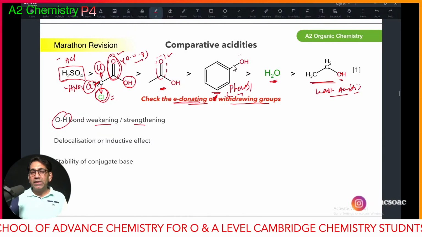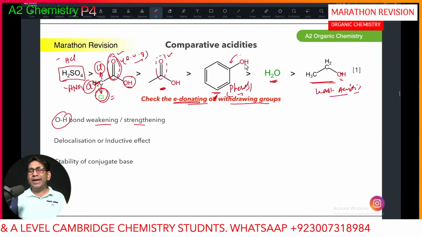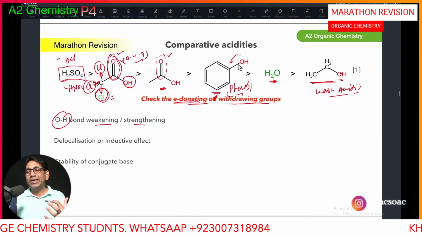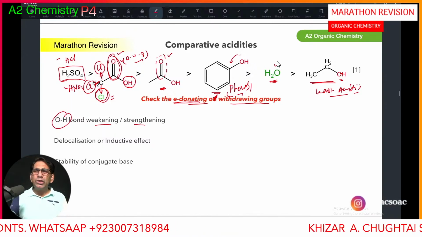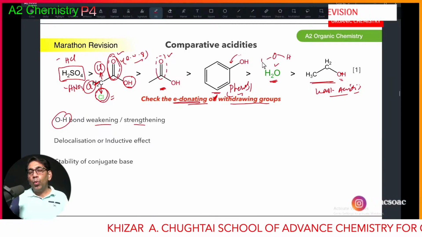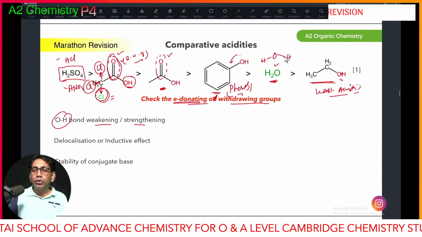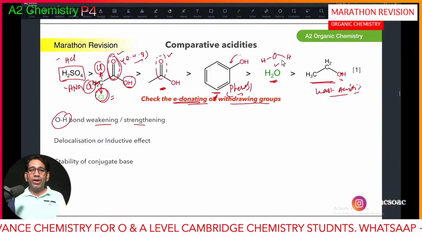And as this benzene ring is also snatching the lone pair of electrons from oxygen, it also weakens the OH bond. Water behaves as a normal molecule. In water, there is no weakening or strengthening of the OH bond. No one is going to make this OH bond stronger or weaker.